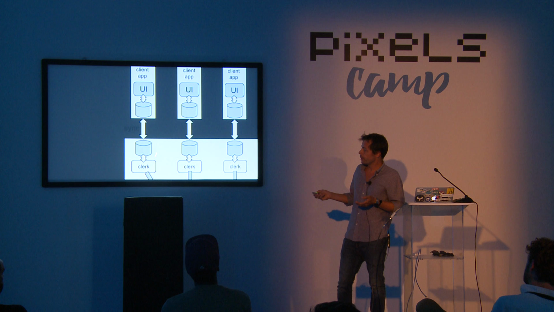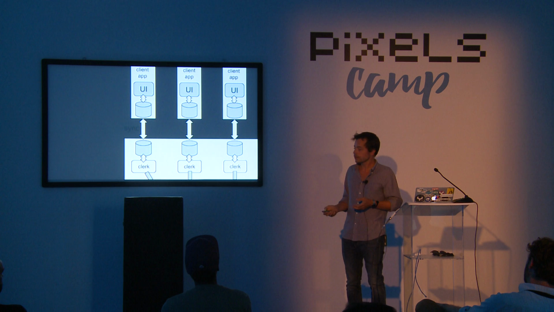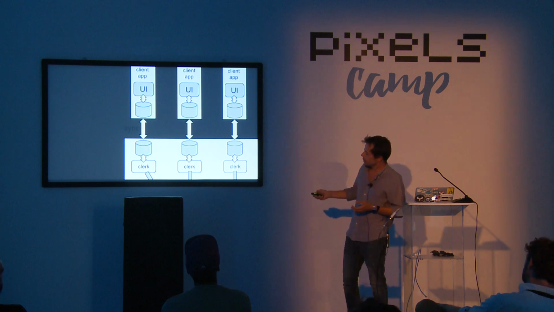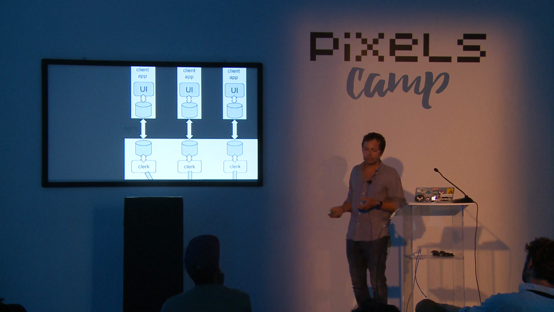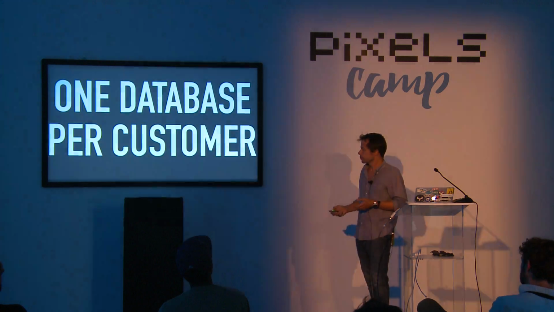So each user has a specific database, and no user can access other users' databases. So it's a way to scale horizontally and to secure access rights. And also each database has a CLERK, which can be a process or can be just an object that listens to the changes on the database.